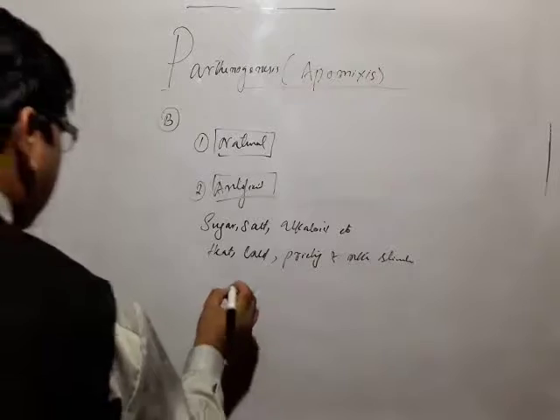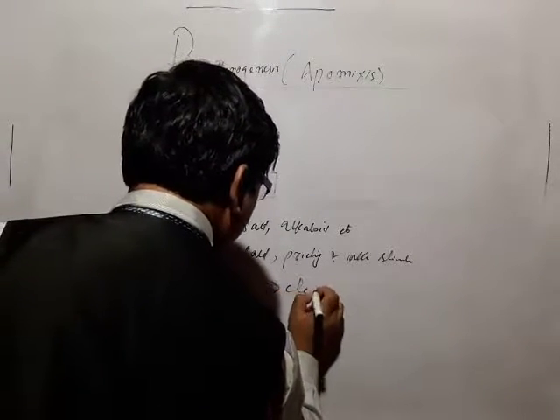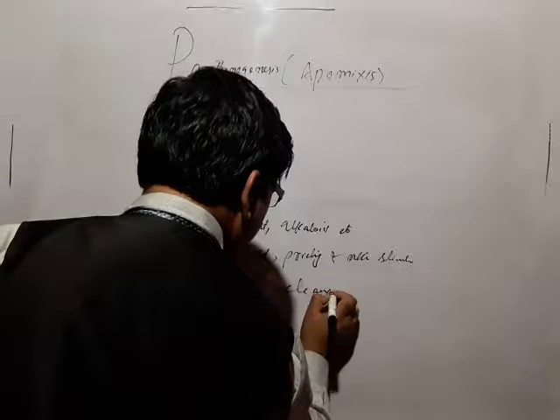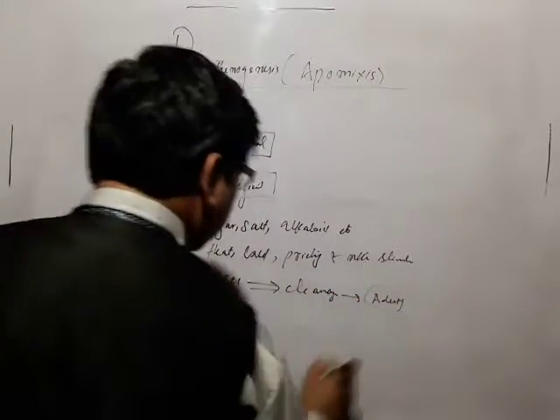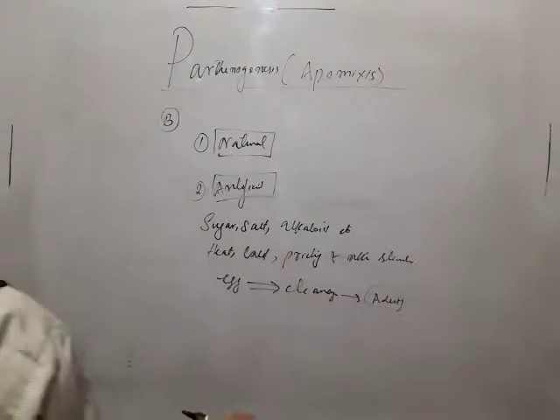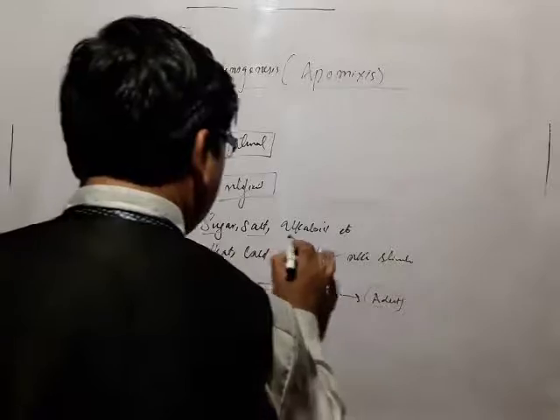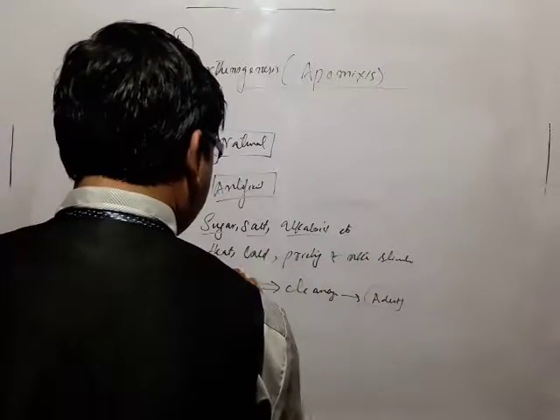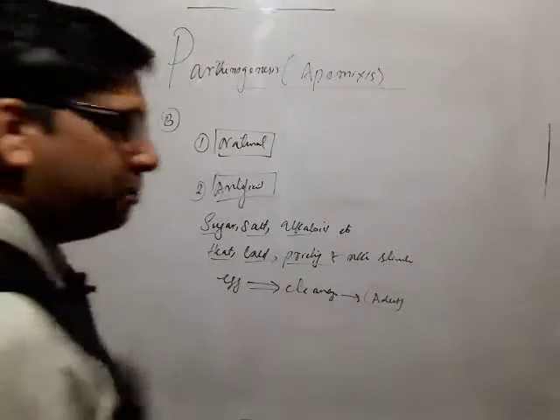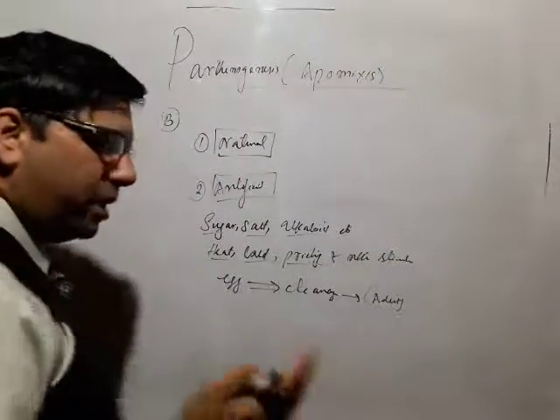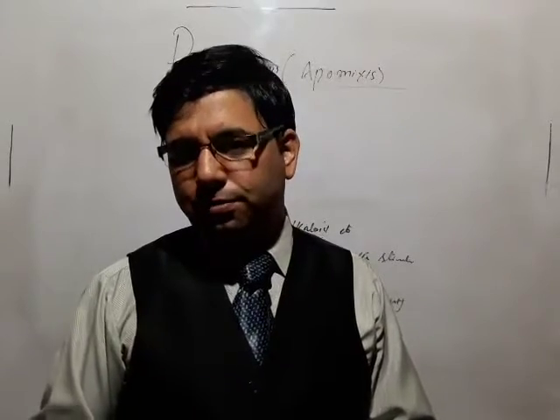The eggs go through the process of cleavage and form adults. So this is induced or artificial parthenogenesis. So we have sugar, salt, alkaloid, or other chemicals, and we have heat, cold, pricking, or other stimuli which cause eggs to get involved in the process of cleavage, then form adults.